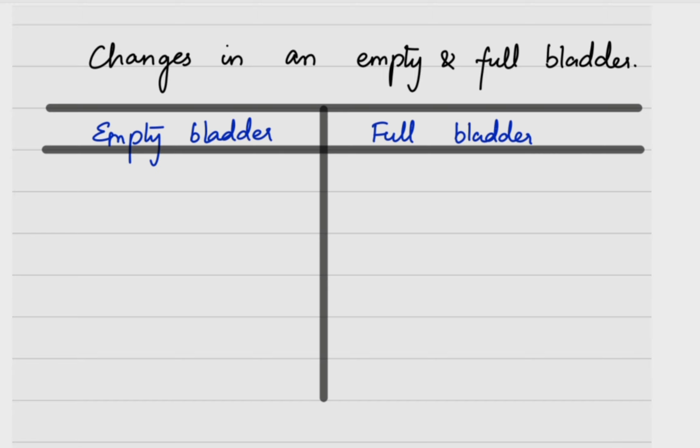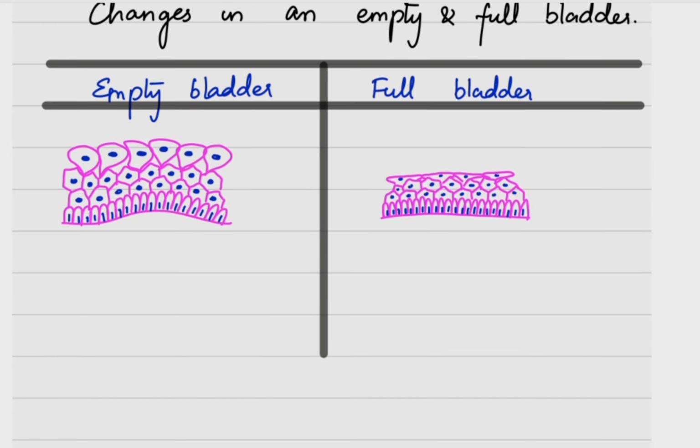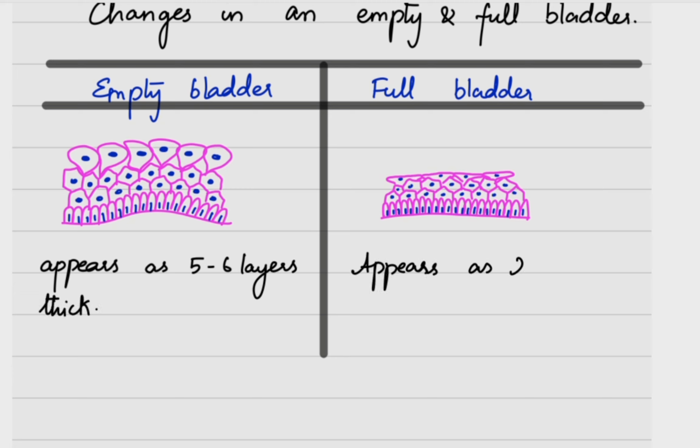So why is it present only in the urinary passage? What is the need? Let's see the changes in an empty bladder and a full urinary bladder. The changes in the epithelium. So this is the histology present in an empty and a full bladder. In an empty bladder, it appears as though there are 5 to 6 layers of cells, whereas in a full bladder which is fully stretched, it appears only as 2 to 3 layers of cells.